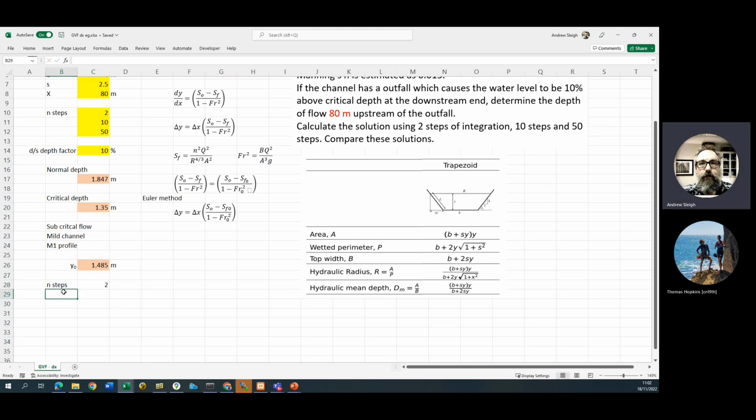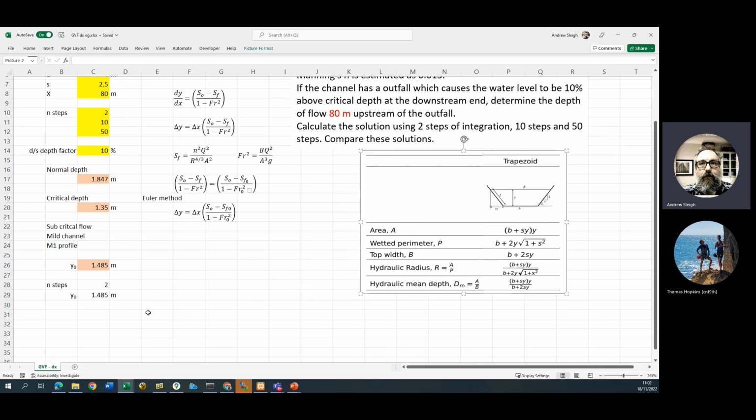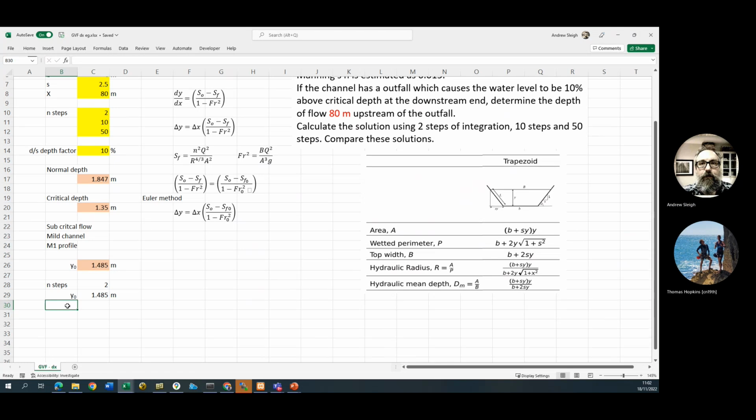Our y0 value, I'm going to put it in this block here because it'll be useful later when I cut and paste the table. Our x is going to be minus this 80, because we're going backwards up the channel. Remember that to get the sign right here.